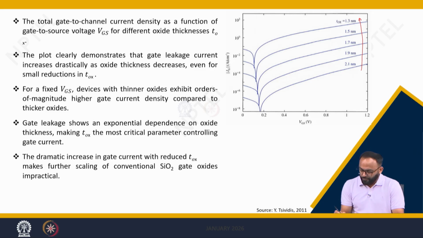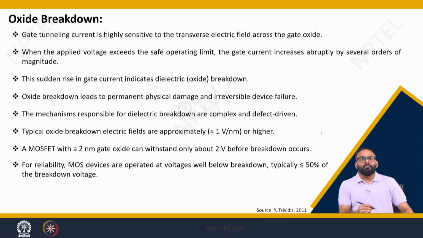In layman's words, if you reduce the oxide thickness by 0.5 nanometer, then the gate current will become 2 times larger, right. So, the dramatic increase in the gate current with reduced TOX makes further scaling of conventional SiO2 gate oxides impractical. That is why you need to think about new geometry scaling, like effective oxide thickness or polysilicon depletion.